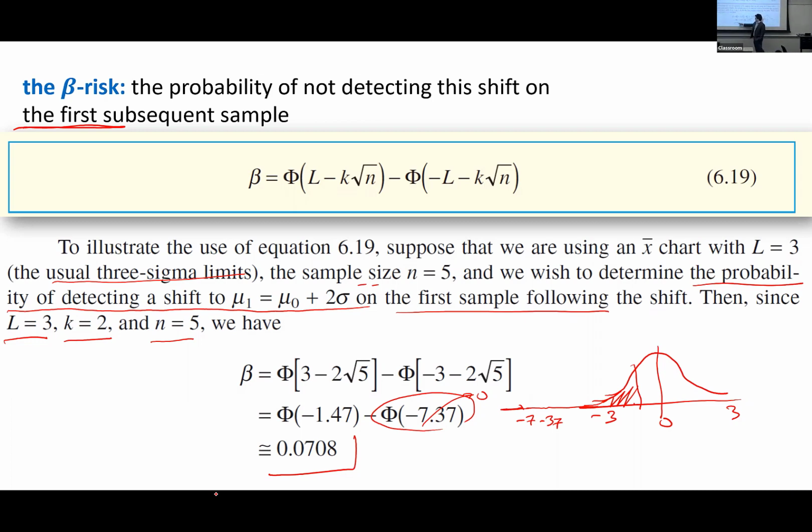But the probability is also not that bad. It's only a 7% chance. So when you want to see whether beta is good, you should think about this: what's my production rate, how expensive are my parts, and how often do I take samples? Okay.